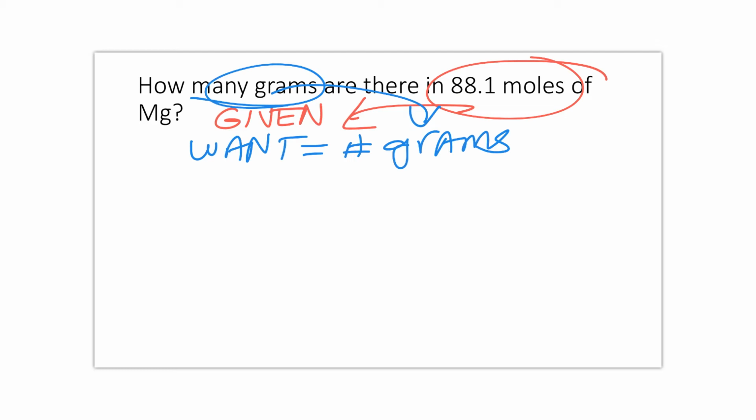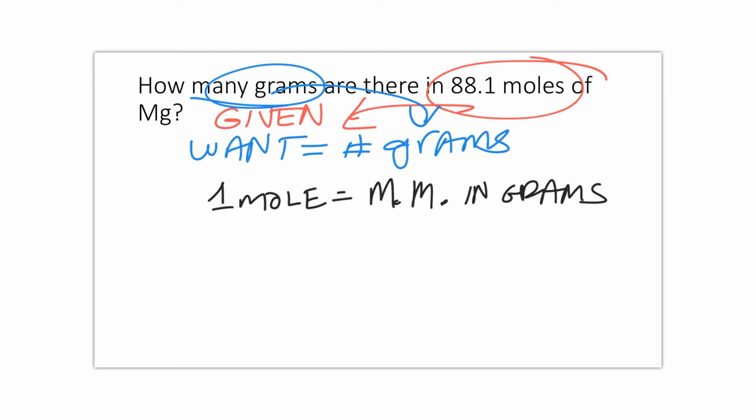Now I need to have my grams to moles conversion. So I'm going to need that 1 mole equals the molar mass in grams. So I've got to look that up, and then let me show you how it sets up on the next one.